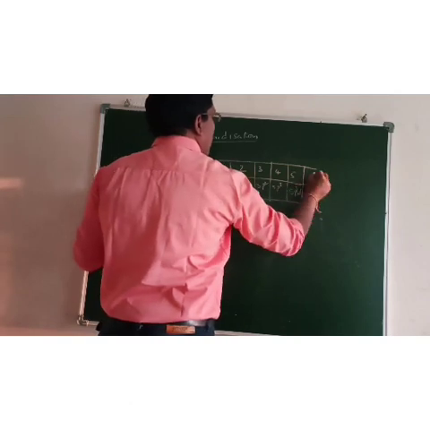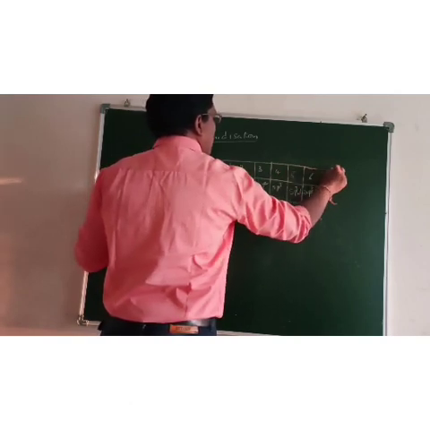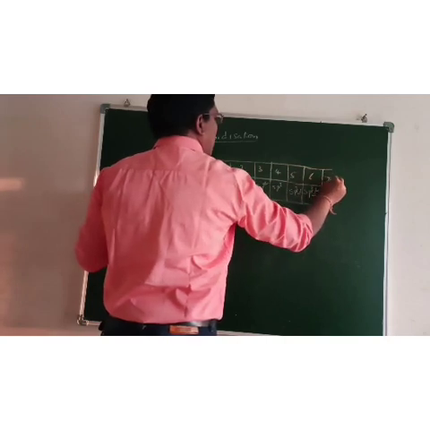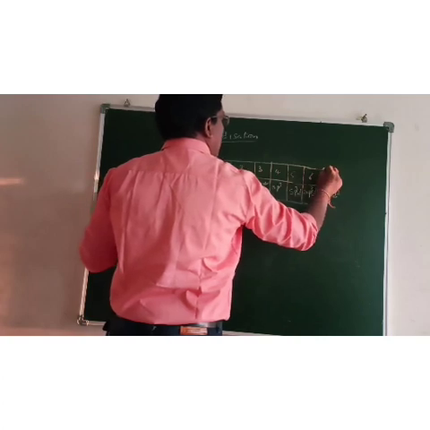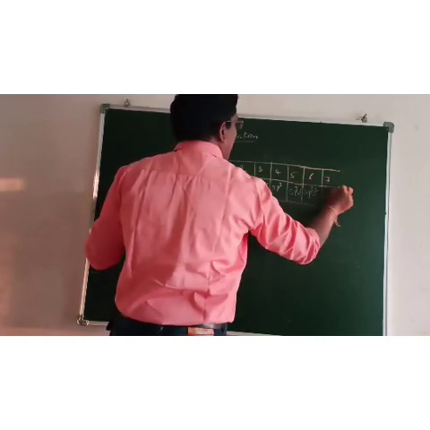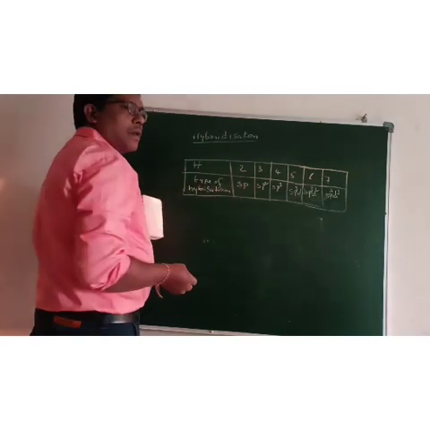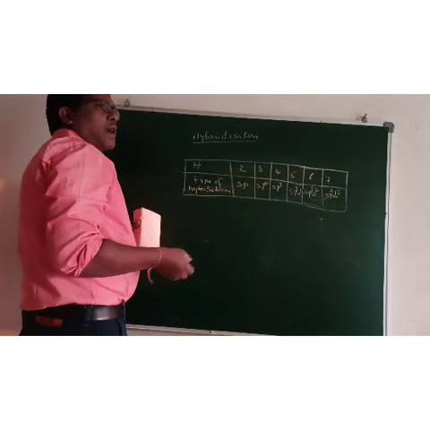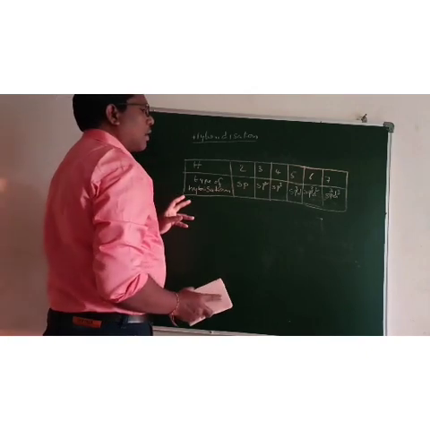If the H value is 6, the hybridization is sp3d2. And if the H value is 7, the hybridization is sp3d3. So in this way, using the H value, we find out the hybridizations. We continue the exercise, taking different chemical species after this table is completed.